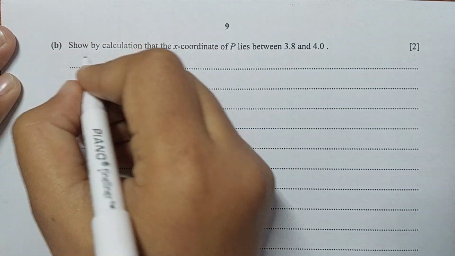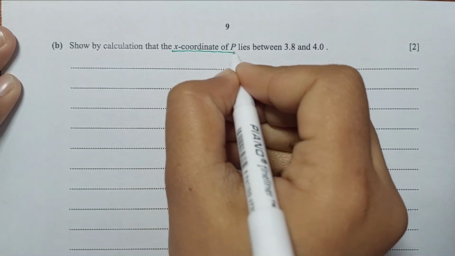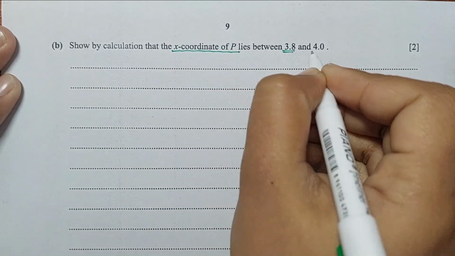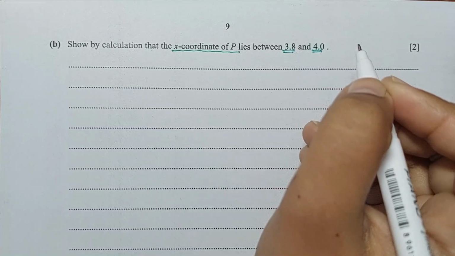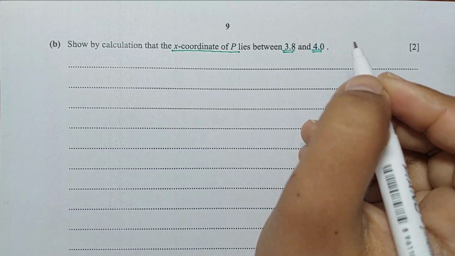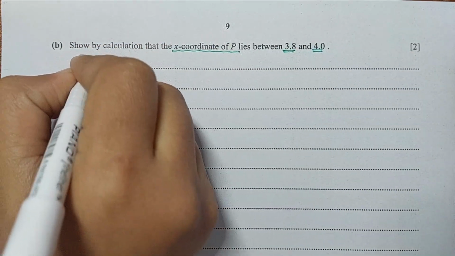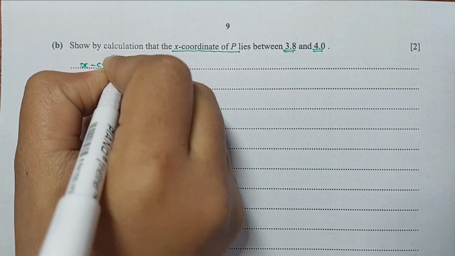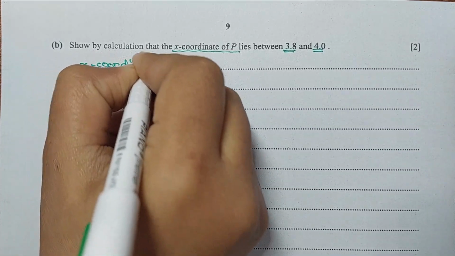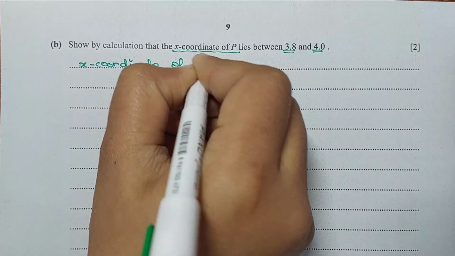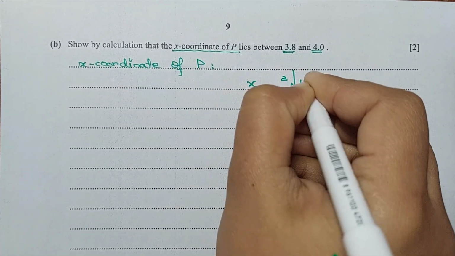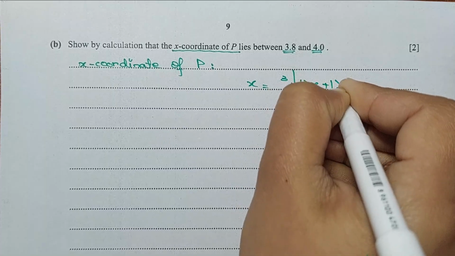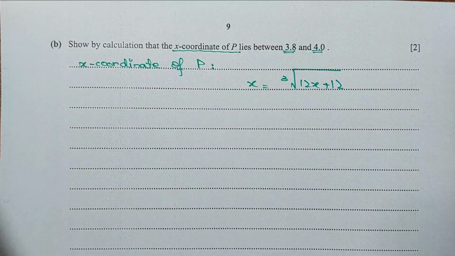Now for part B, show by calculation that the x coordinate of P lies between 3.8 and 4.0. If the x coordinate lies between these 2 points, then there must be a sign change. We know that the x coordinate of P is x equals the cube root of 12x + 12.